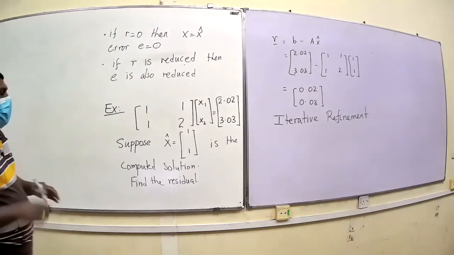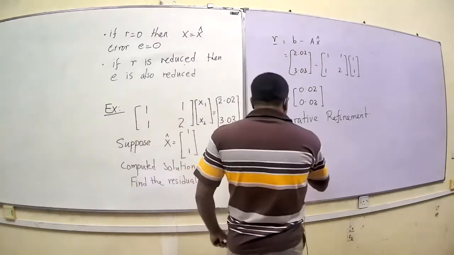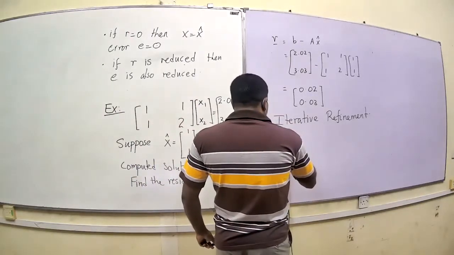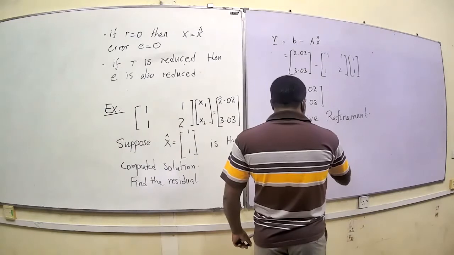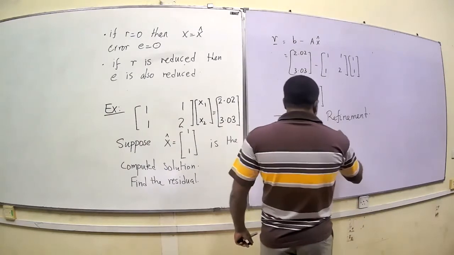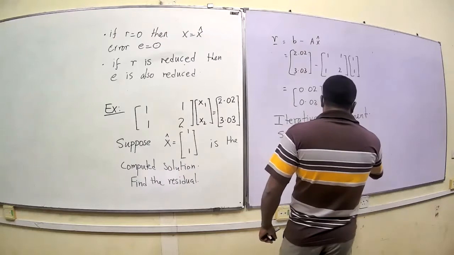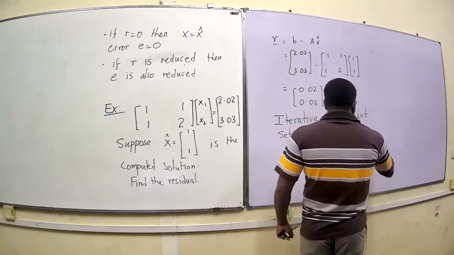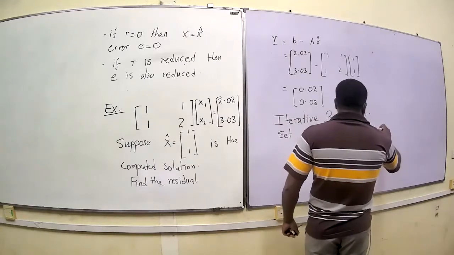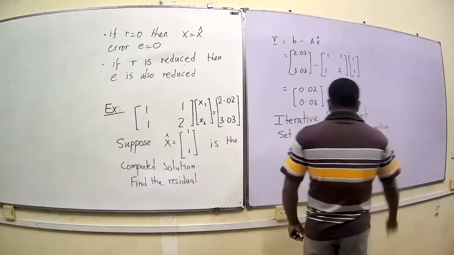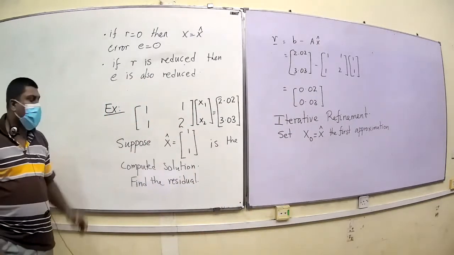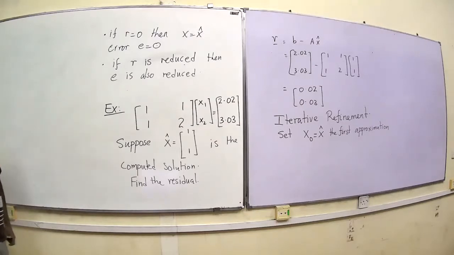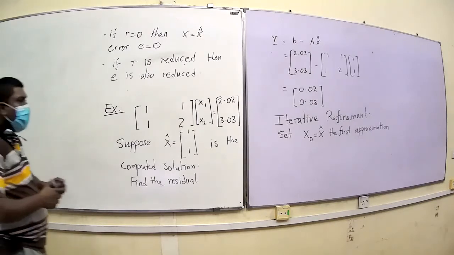Right, so now iterative improvement. You start with the initial approximation, which is given here. In this example, this is the computed solution.